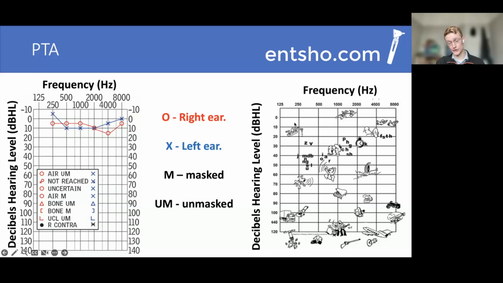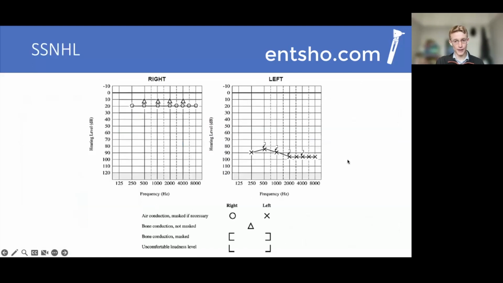And then with frequencies, higher frequency sounds like birds tweeting or children talking are often hard to hear if you've got high frequency hearing loss. This is just an example of somebody with left-sided sensorineural hearing loss. You can see that they have significant hearing loss in this left ear over several frequencies compared to their right ear.